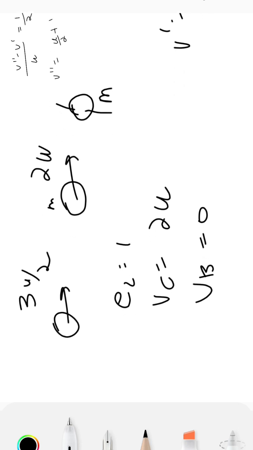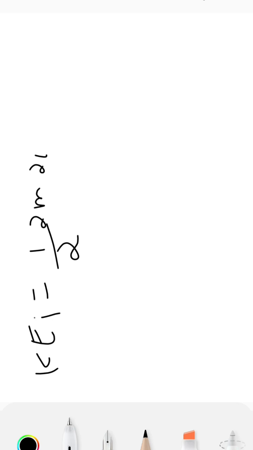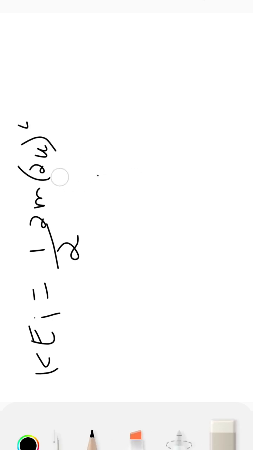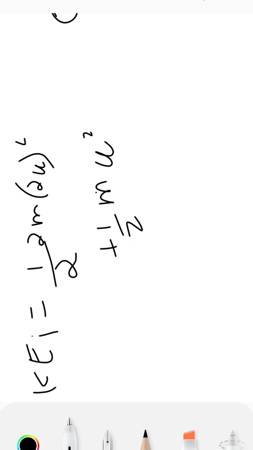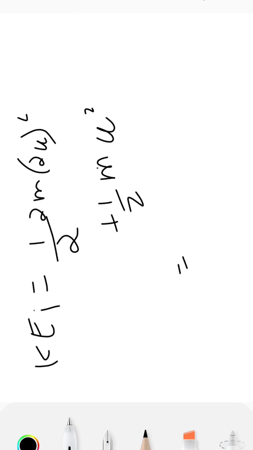The initial kinetic energy was half into 2m into 2u whole square, and in the second case plus half m u square. You will find that this value is 9mu square by 2.